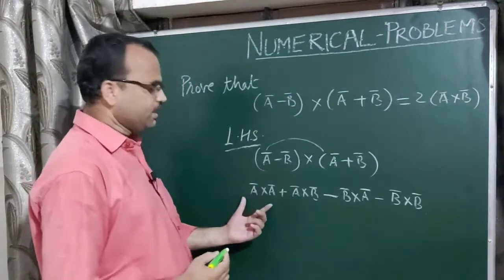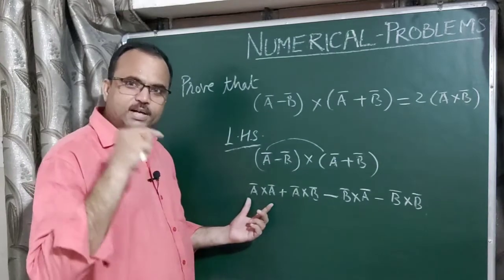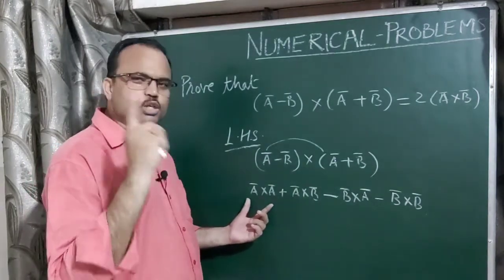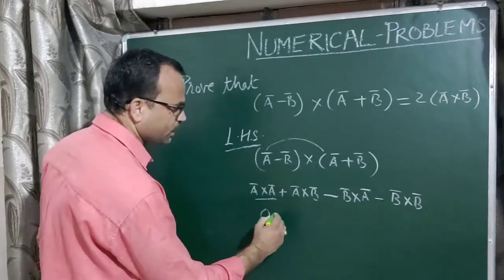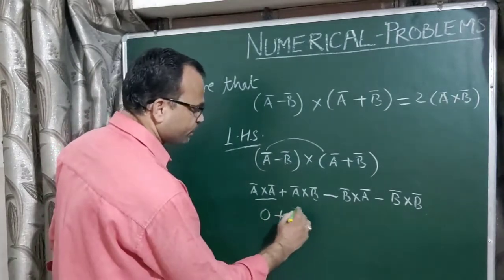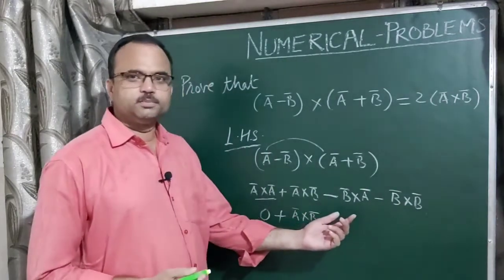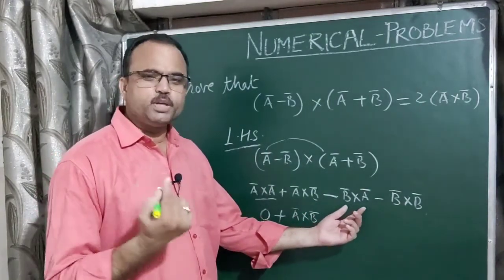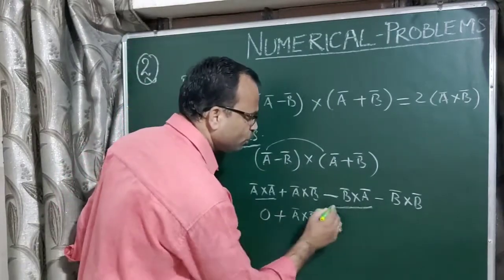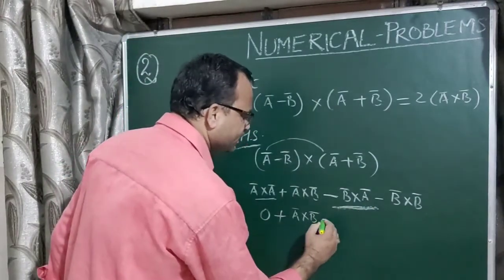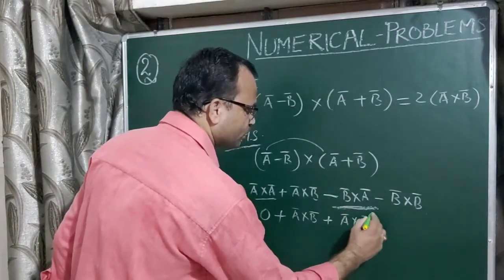So as we know that the cross product of a vector with itself is equal to 0 vector. It means its value is 0. Okay, and A cross B remains the same. As we know that A cross B is equal to minus B cross A, so this can be written as plus A vector cross B vector.